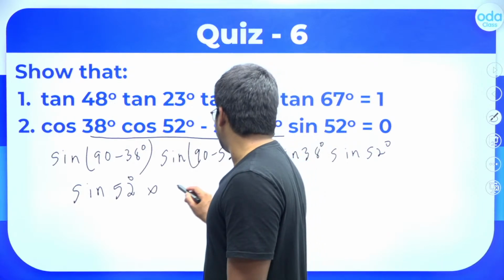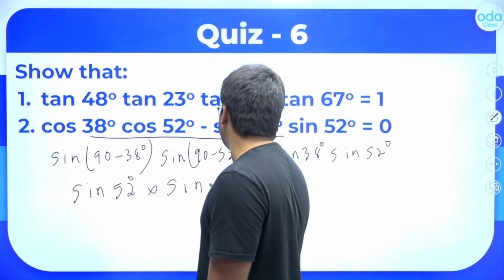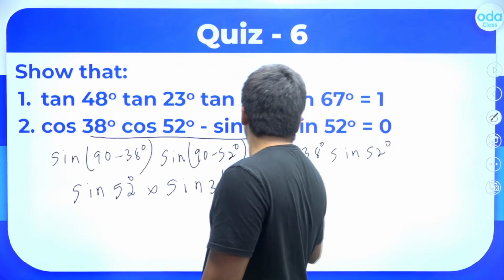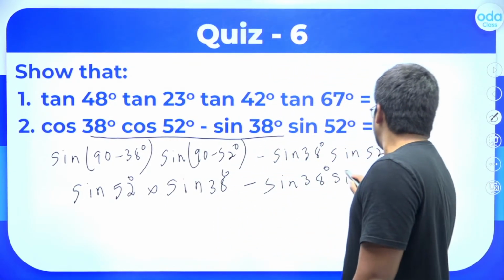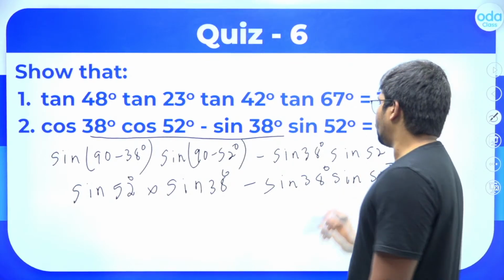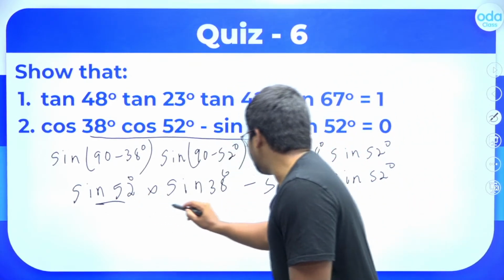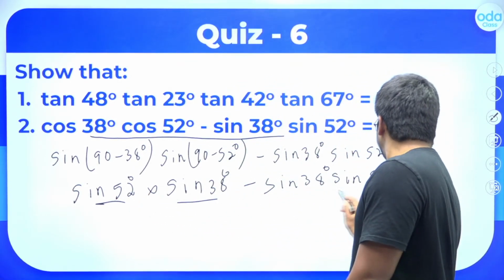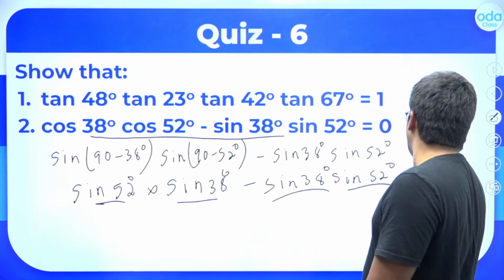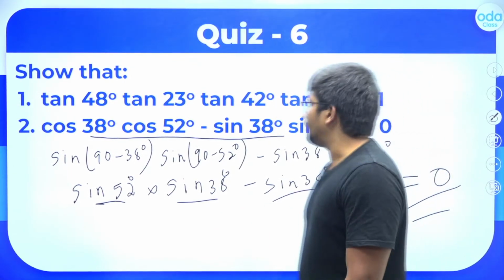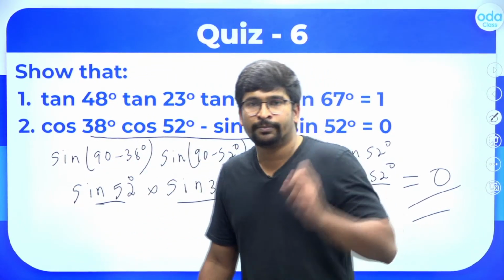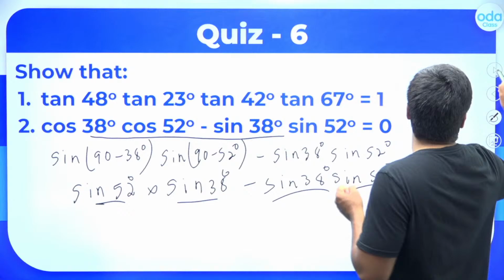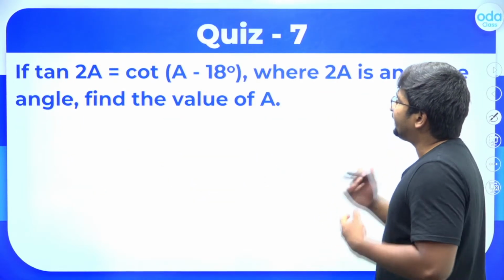Sin of 90 minus 52 is sin of 38 degree minus sin of 38 degree into sin of 52 degree. So don't you see sin 52 into sin 38, sin 52 into sin 38. Isn't it the same quantity? So the final answer will be 0. So LHS is equal to RHS. I hope it is clear to everyone now. Is it clear? Wonderful. Next question.